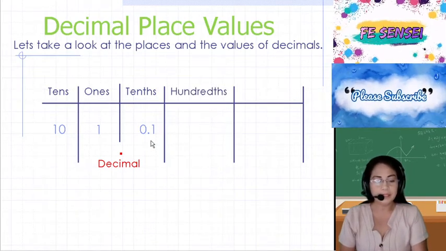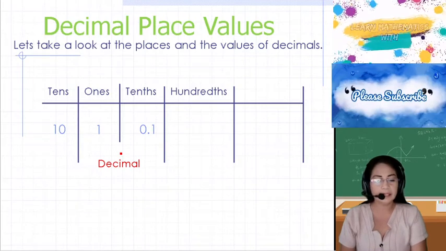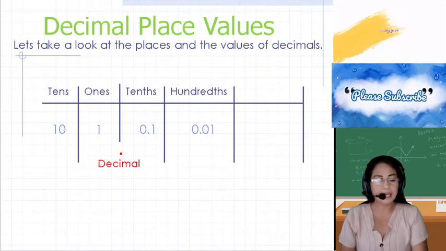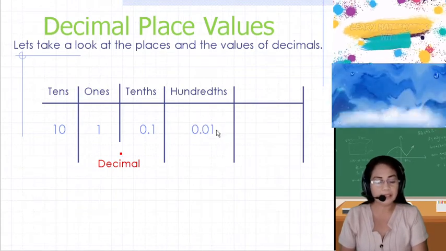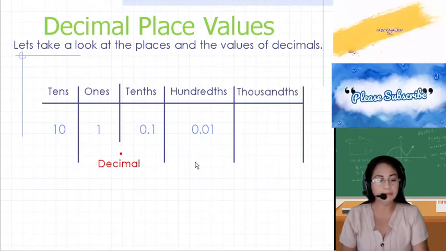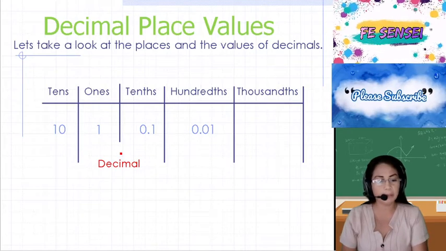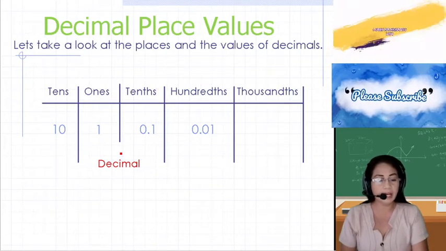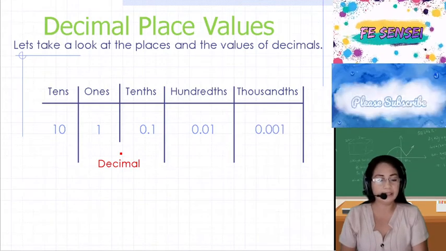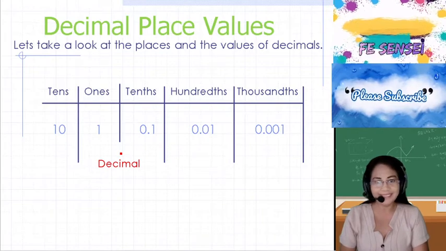The second number after the decimal point is in the hundredths place. And this is 1/100. Then the third number after the decimal point is in the thousandths place. And this is 1/1000. Got it?